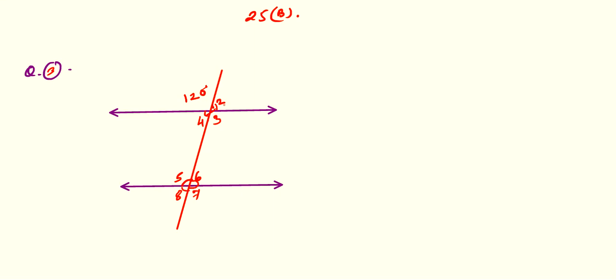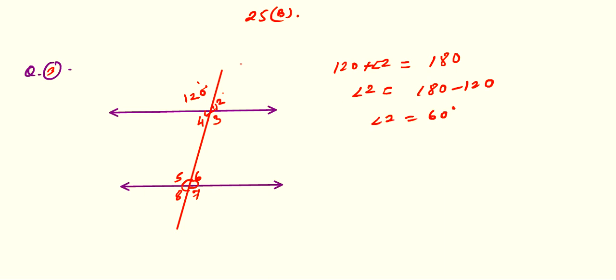So you know very well that this 120 degree and angle 2, these two are forming a linear pair. So they will be equals to 180 degree. So angle 2 will be 180 minus 120. So angle 2 equals to how much? 60 degree. Angle 2 is 60 degree. So this one is 60 degree.